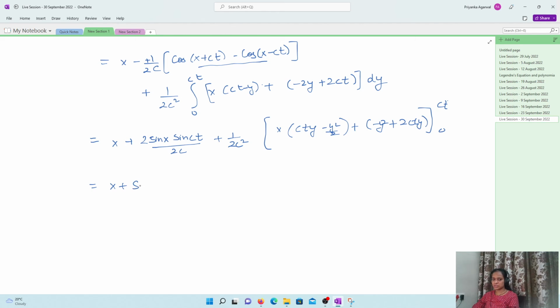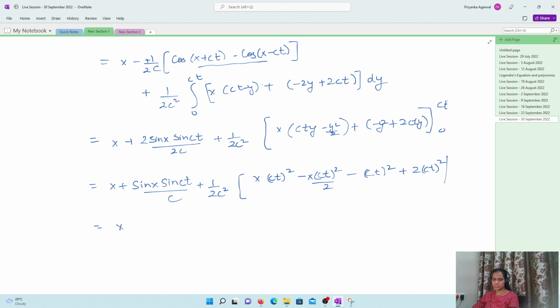So this becomes x plus sin x sin ct over c plus 1 by 2c square, and when we put ct in place of y, for 0 it is 0, so for ct it becomes x ct square minus ct square by 2 into x minus ct square plus 2 ct square.